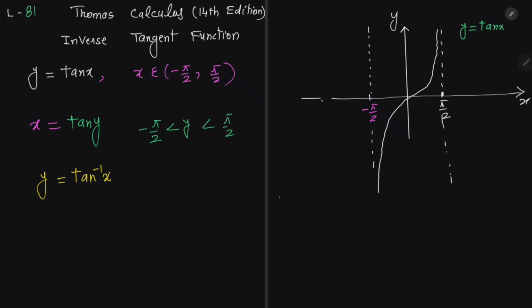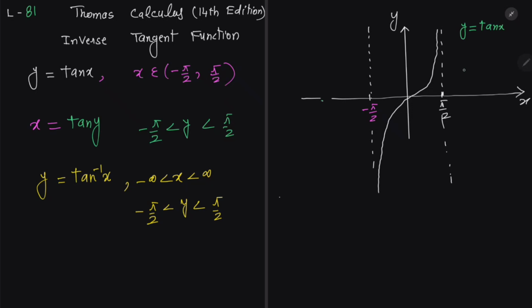Now I just want to see how tangent inverse x looks. For tangent inverse x, the domain is minus infinity to infinity, and the range is y from minus pi by 2 to pi by 2. We want to draw this function.